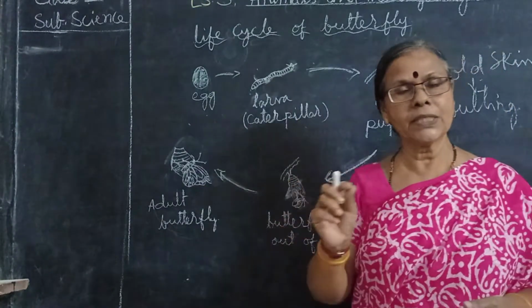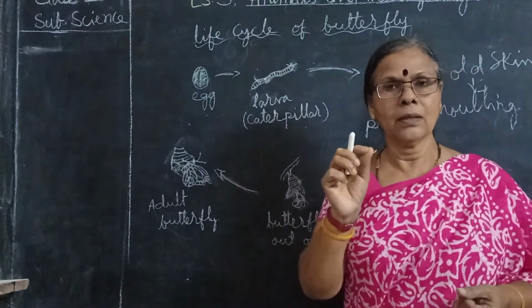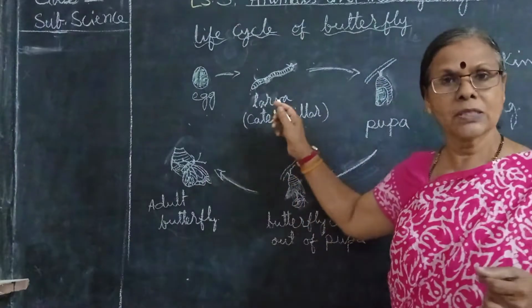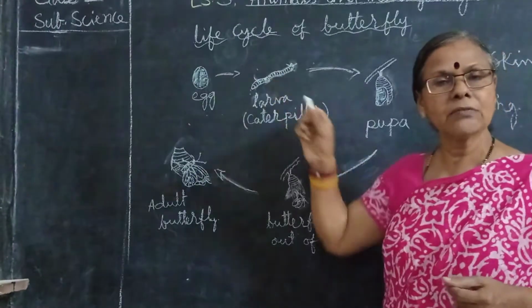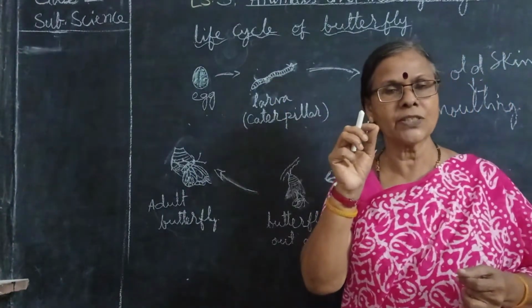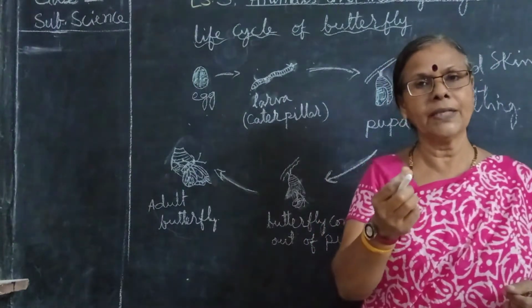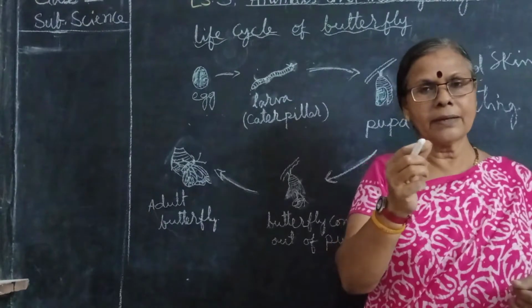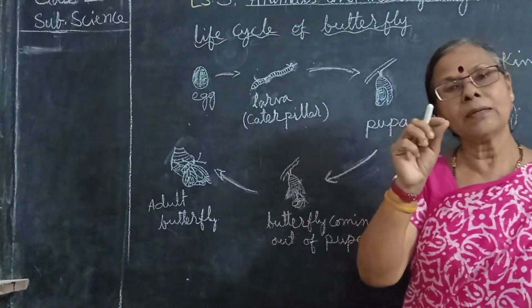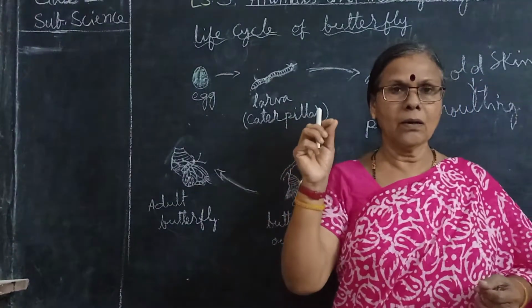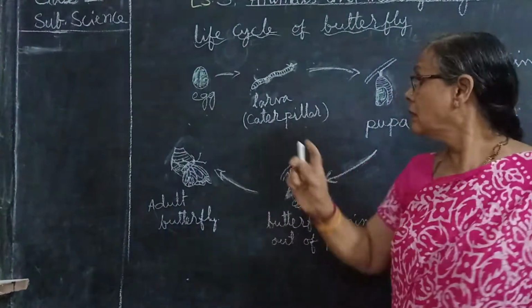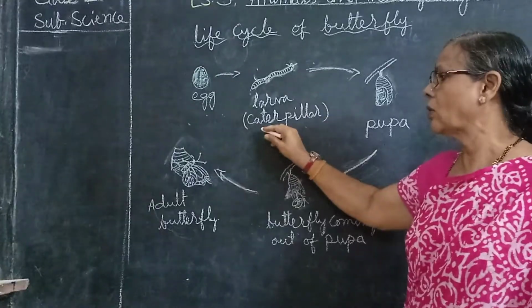You might have seen small colorful larvae, caterpillars. They are a little shiny and hairy. If you go near the leaves, you will find yellowish, reddish, blackish spots on the back of this larva.